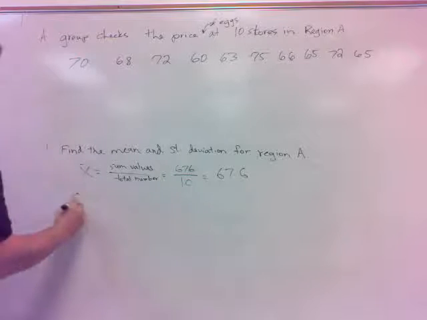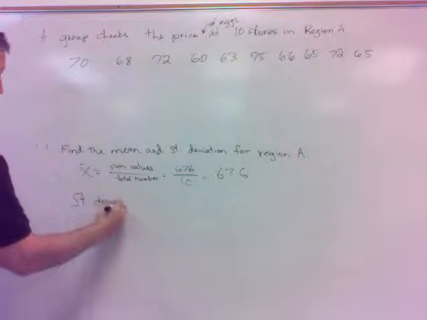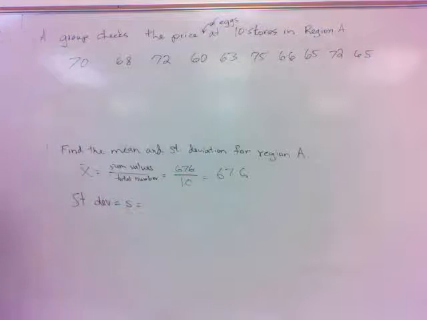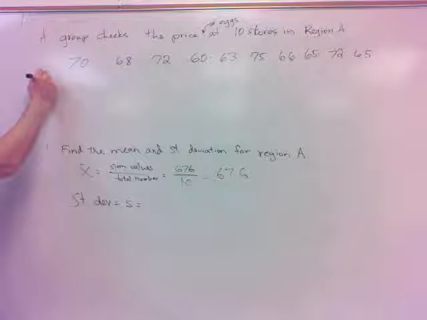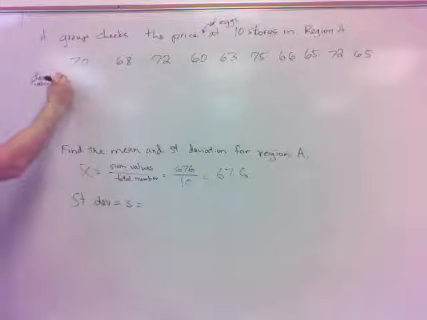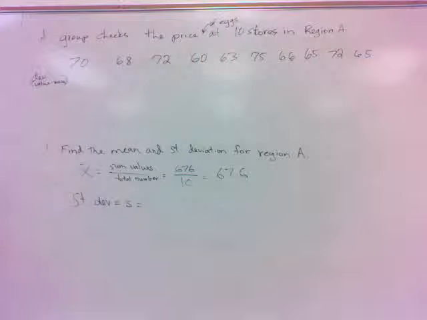Now I want the standard deviation, S. Well, I'm going to have to do a little calculating. To do the standard deviation, I need to do the deviations, the values minus the mean, and then square those all across the board, okay?